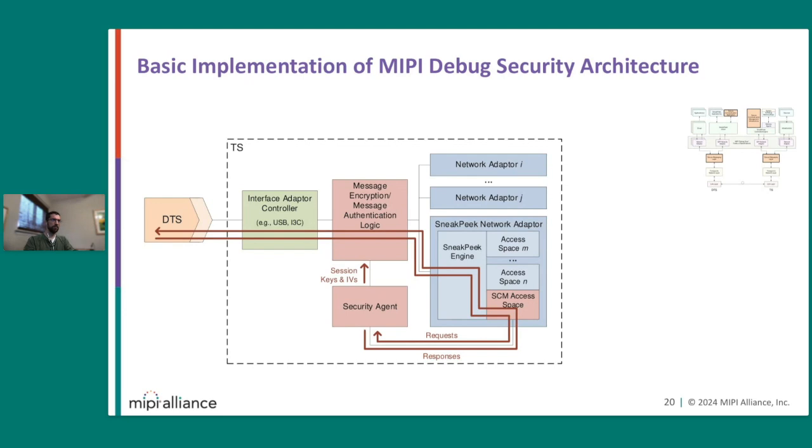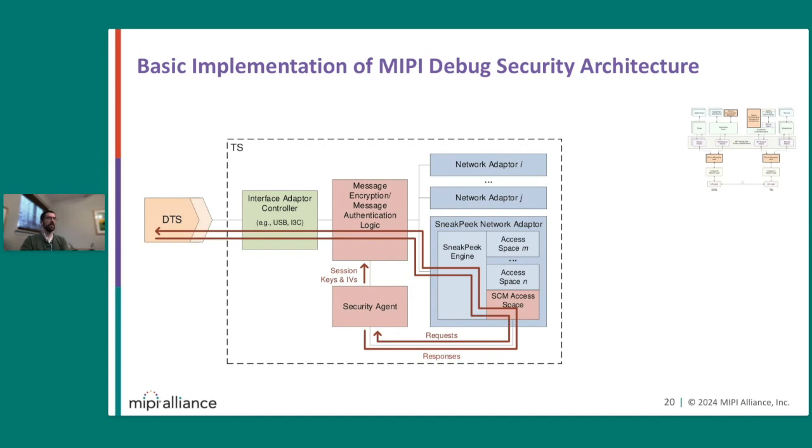So when the DTS wishes to establish a secure session or control it, it would interact with this secure communication management access space. And behind the access space, that allows access into the security agent to send these SPDM messages to the security agent. Based on those messages, when a session is established between the security agent and the DTS, and these session keys and IVs are derived, that information from the security agent is delivered to this message encryption and authentication logic.